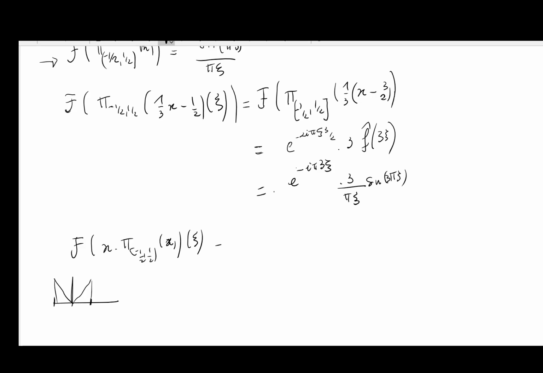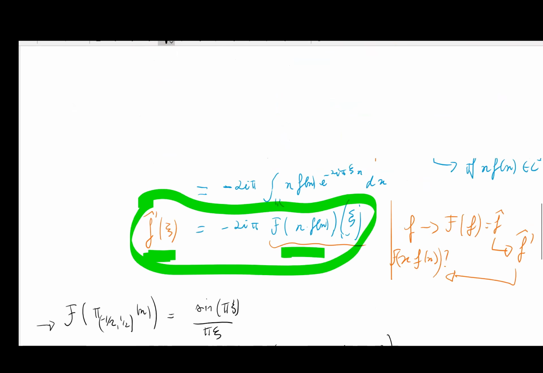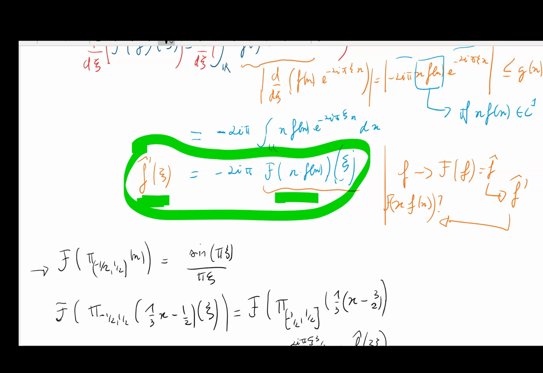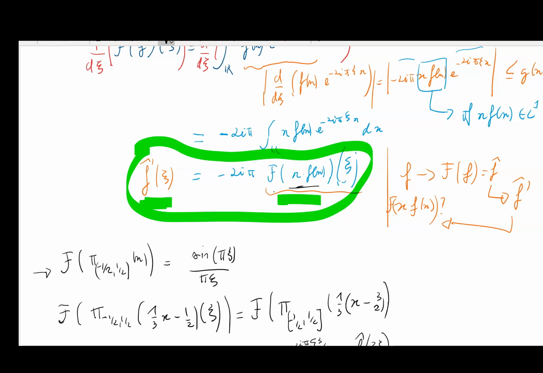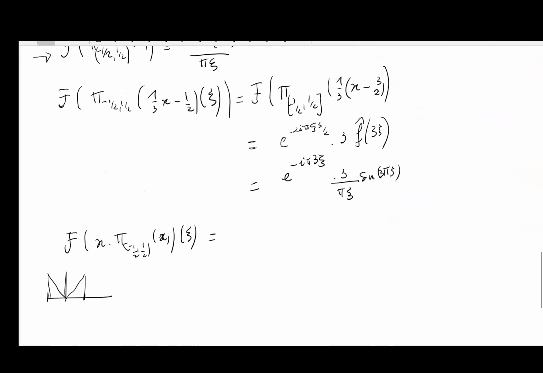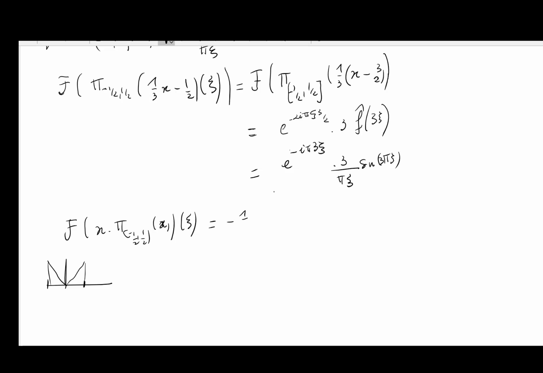So I'm just applying the previous formula that tells you that the Fourier transform of x times a function is negative 1 over 2 i pi times the derivative of the Fourier transform. So that's going to be minus 1 over 2i pi times the derivative of sine pi psi over pi psi.